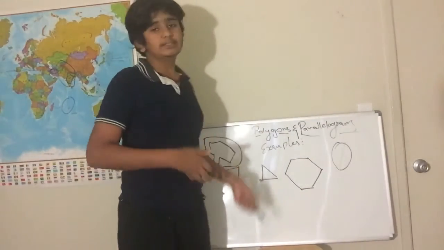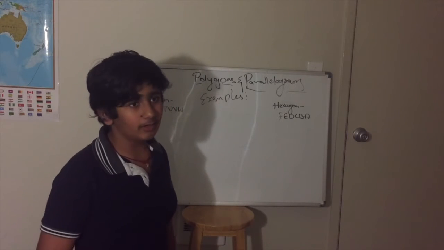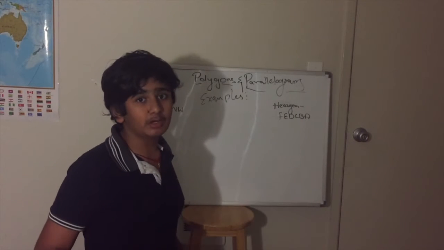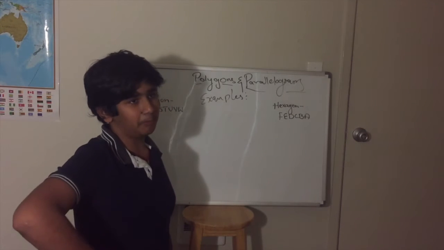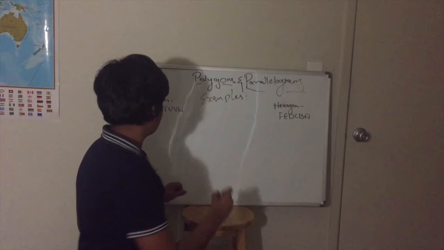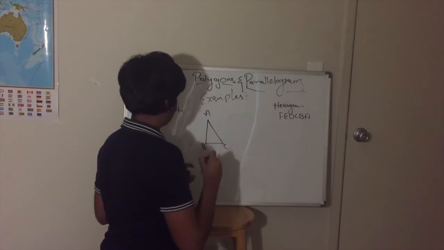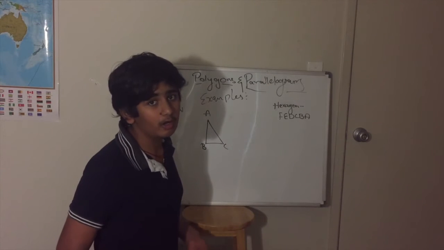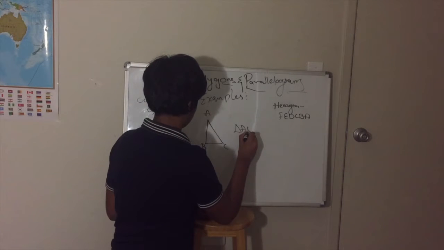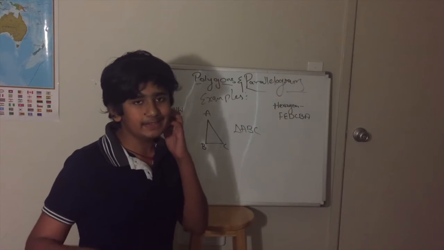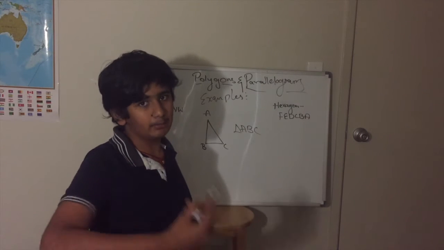Now let's see some examples in polygons. In most exams, they give examples such as: classify this polygon, say this is a triangle, and the students just write triangle ABC. That's the easy part, and we don't really need a bigger explanation.